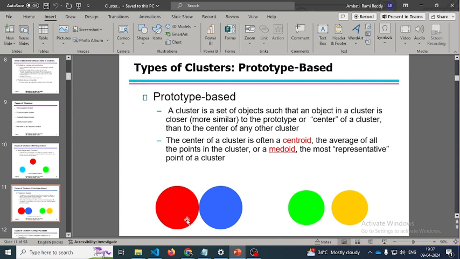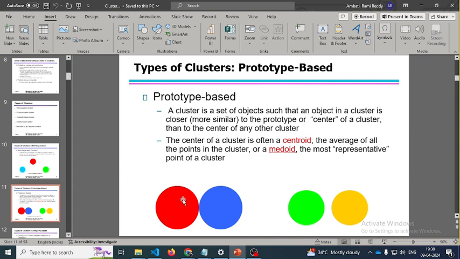Previously you saw there was a long separation, but in prototype based clustering you need not worry about well separation. What you worry about is whether the center of that particular cluster is properly prototyped or not. If it is properly prototyped, then you call it a prototype based cluster.